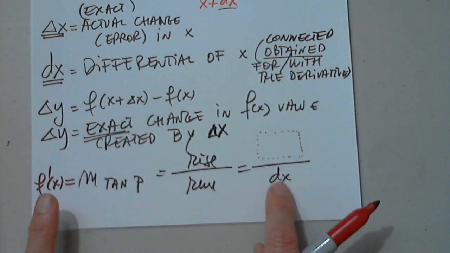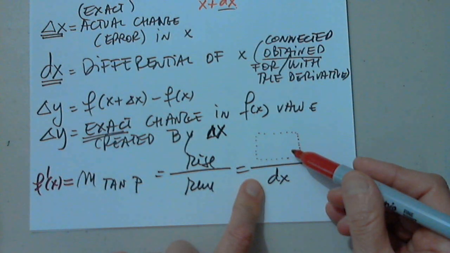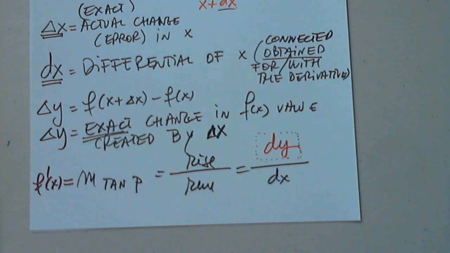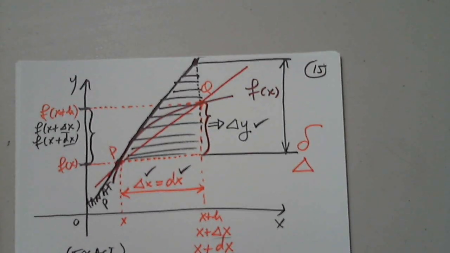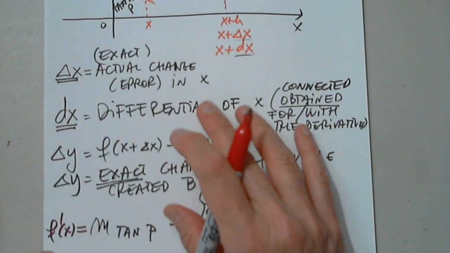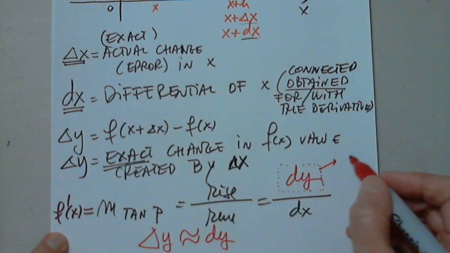F prime of x equals? Is it dy over dx? Of course. Absolutely. So this is dy over dx. But because q and p are very close to each other, delta y is approximately dy. And dy is the differential of y.